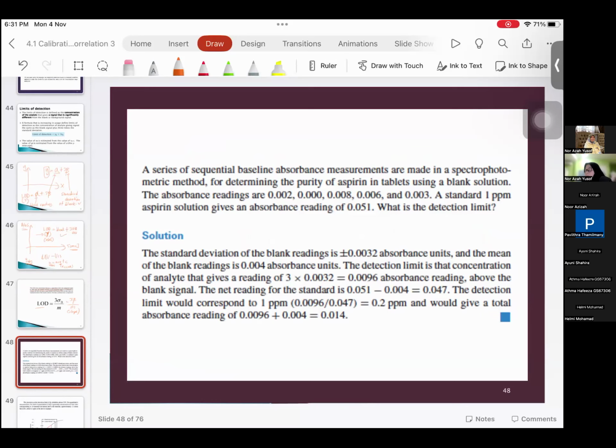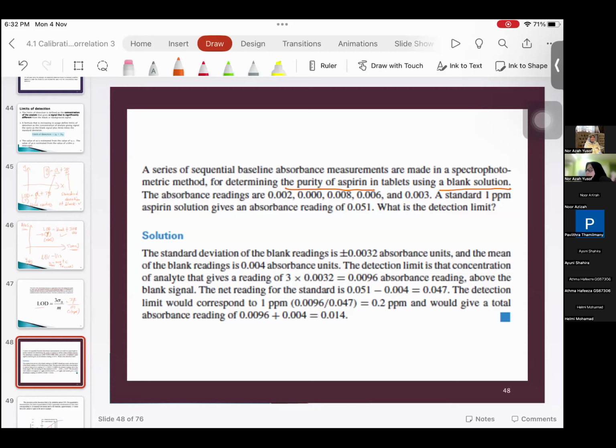This one also does not really use the same formula, but at least you have some idea from here. A series of sequential baseline absorbances are made using a spectrophotometric method to look at the purity of aspirin in a tablet, using a blank solution.